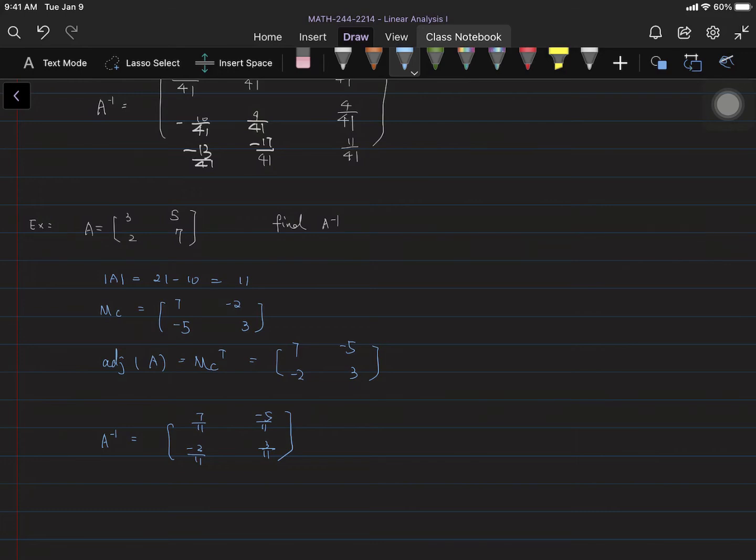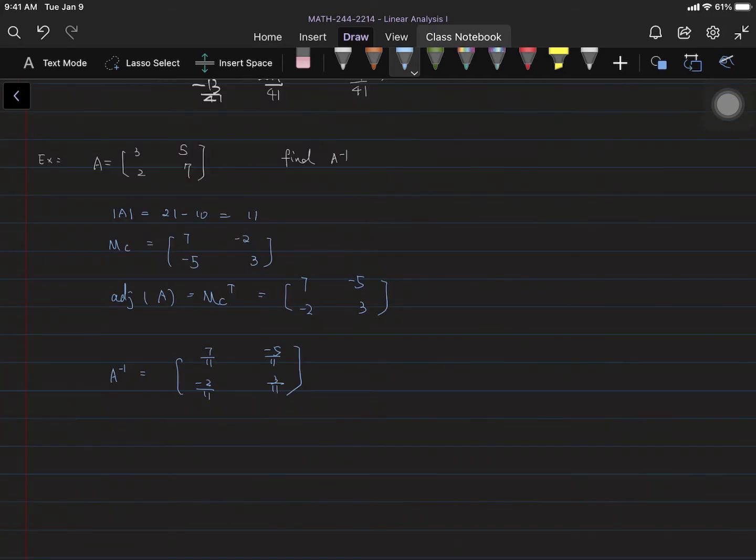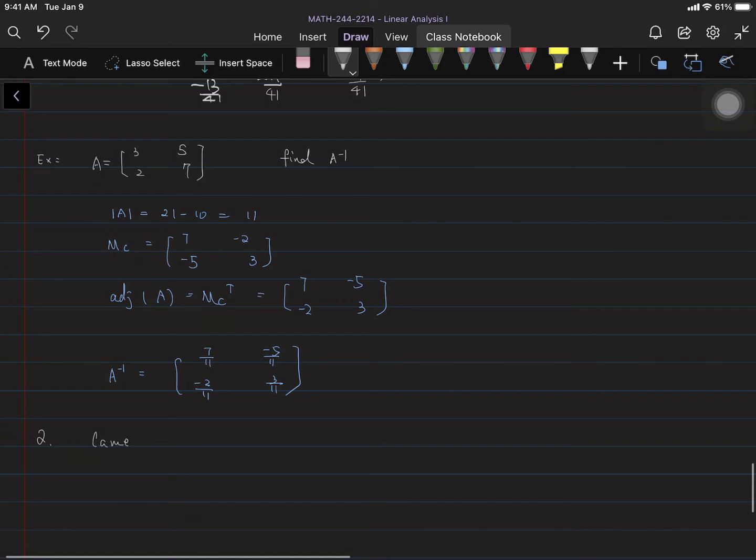Now let's take a look at the second application. The second application is called Cramer's rule. So we are going to use the determinant to find the solution to a linear system. Firstly, I'm going to give you the rule and the formula, okay?